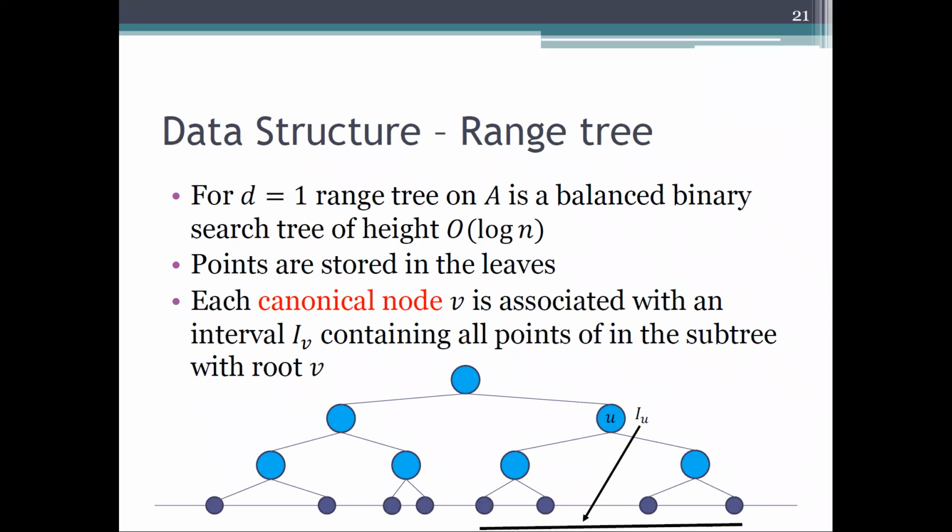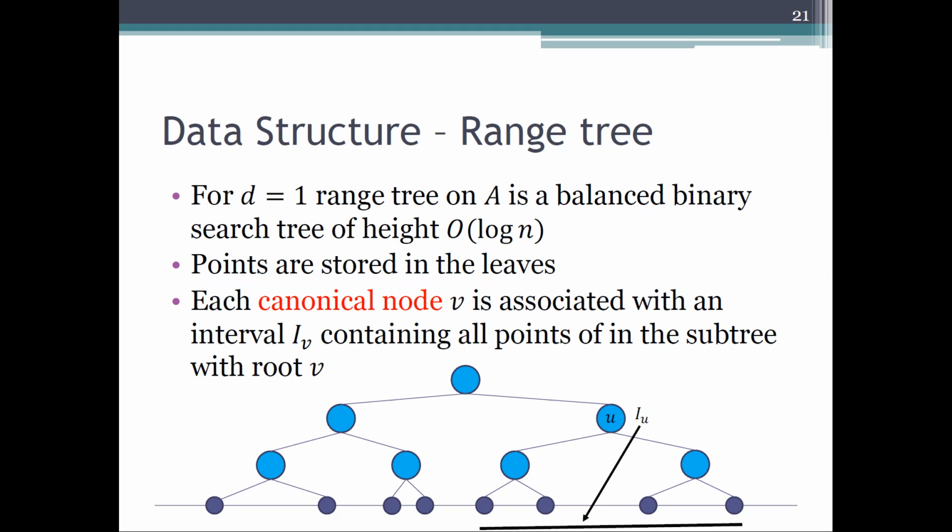The main data structure we will use is a range tree, which is used for reporting or aggregation range queries in general over a set of points. A range tree can be defined in any dimension D, but here we only describe it for D equals 1. In this case, the range tree is a balanced binary search tree of height order log n. Each point is stored in a leaf node, and an inner node is called a canonical node of the tree.